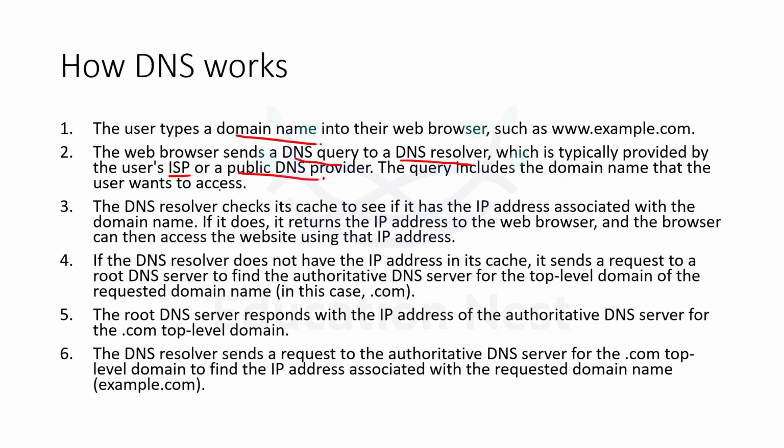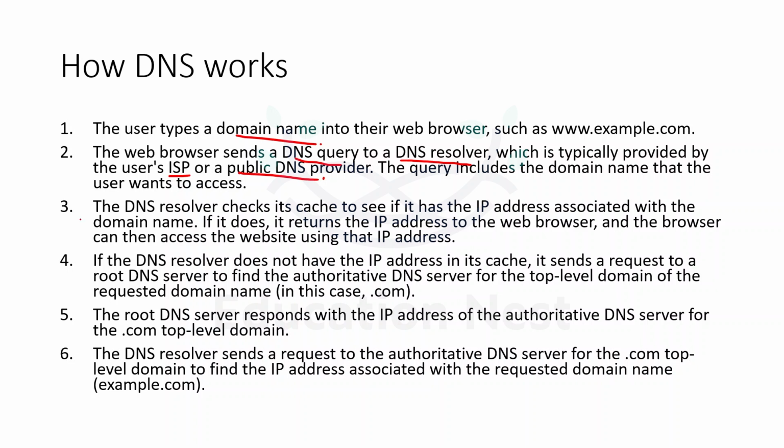The third step is that the DNS resolver will check its cache. The domain name is also basically cached. So the DNS resolver will check its cache to see if the IP address associated with the domain name is already there. If it is, it will return the IP address to the web browser, and the browser can then access the site using that particular IP address.